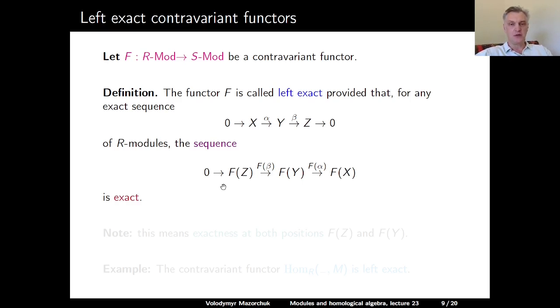We start from 0, go to F of z, then by F of beta to F of y, then by F of alpha to F of x, and that's it. No continuation. And again, here the exactness of the sequence means that it is exact at the positions of F of z and F of y. There is no condition on F of x.